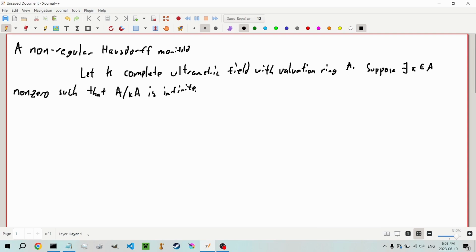And then we contend that A is analytically isomorphic to A without zero.